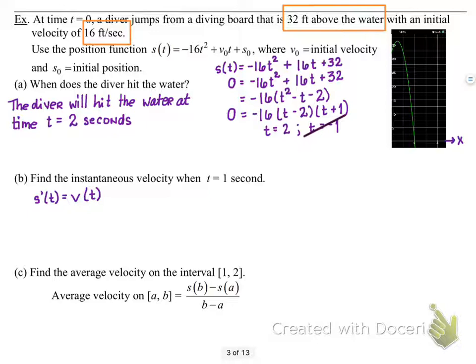As of 2018, it became very clear that you must indicate that v of t also equals the derivative of the position function. If you refer to this instantaneous velocity without describing its relationship to the position function, you will not receive any points.